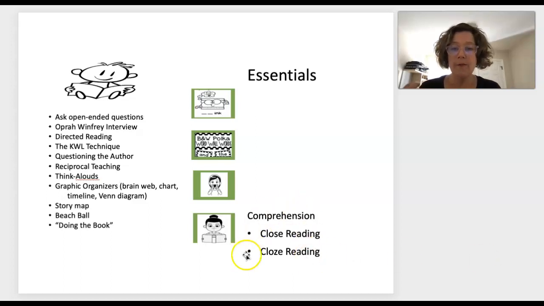Just a couple of definitions that you'll often see and are a little bit confusing under comprehension. Close reading is when a student reads the text very closely for all kinds of clues, so symbolism, cool words, different literary devices.